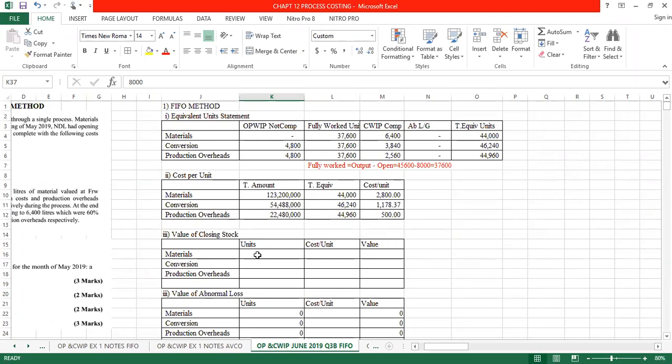So what is the units of closing work in progress? Units of closing work in progress, 6,400. So I can just scroll those ones down here. Okay, cost per units.